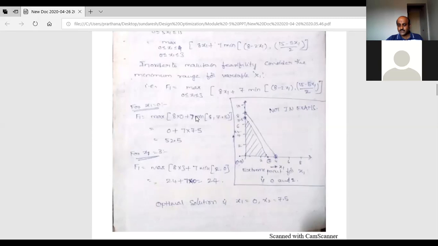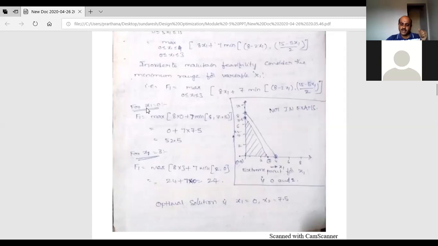The minimum value of x2, because you are going to get two values for x2 here. Out of these two, you have to choose only the minimum value. So in this problem, when you put x1 is equal to 0, f1 that we have got is 52.5. For x1 is equal to 3, f1 was 24.